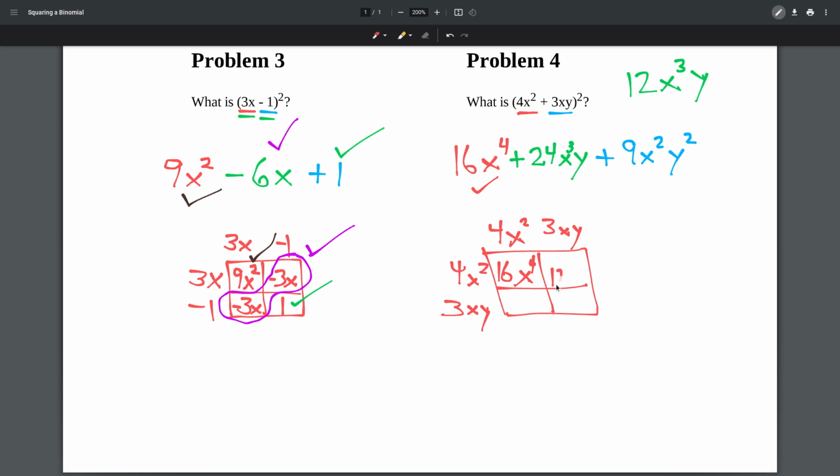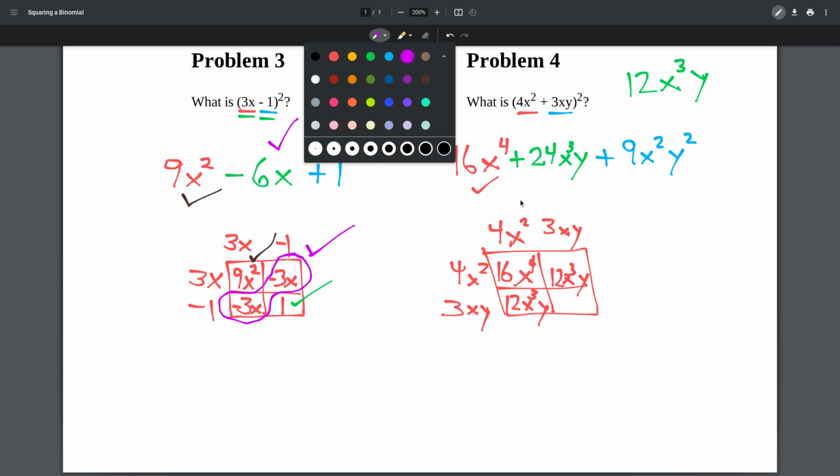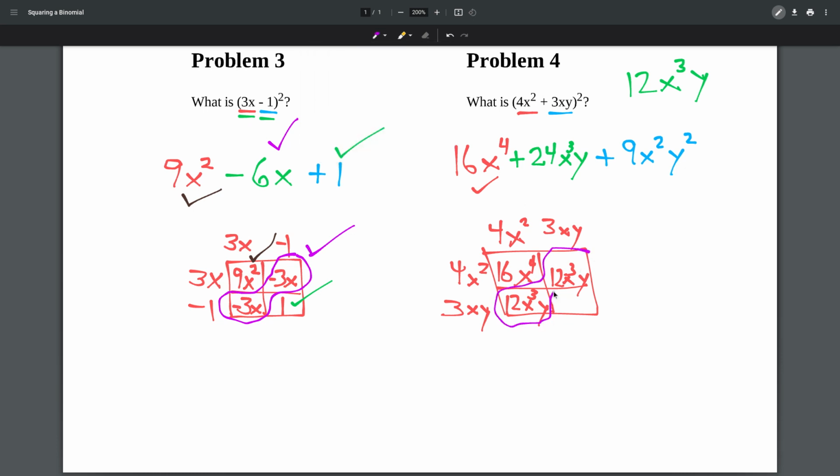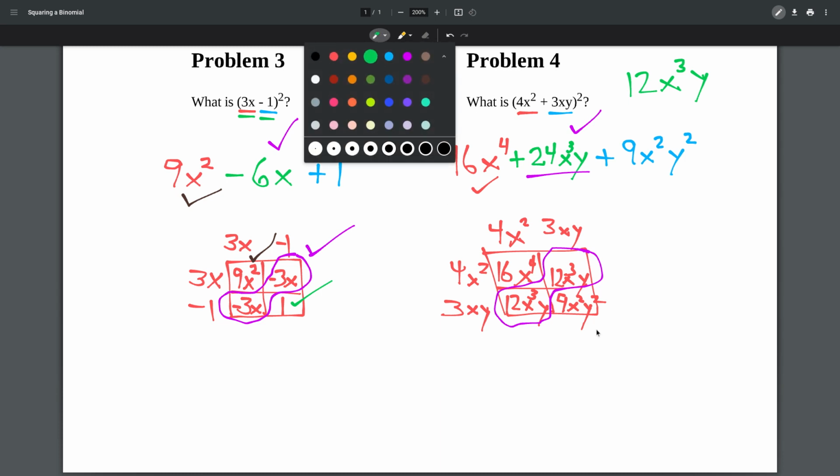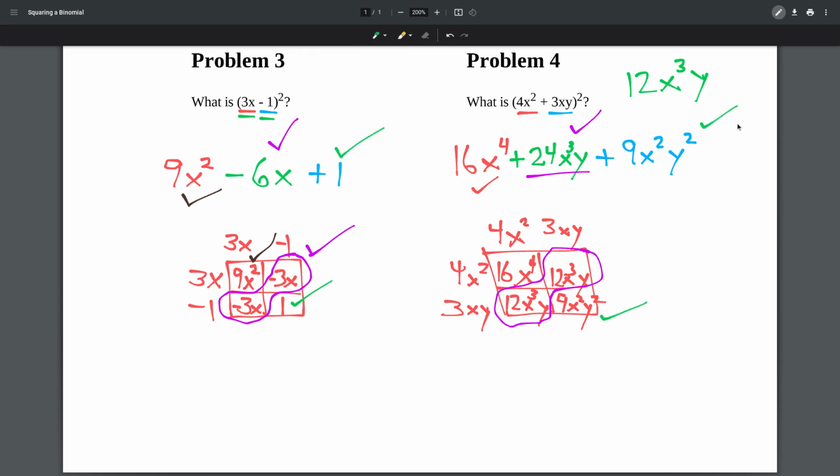That's 12x cubed y. 4x squared times 3xy is going to be 12x cubed y here. So we'll see that these terms add up to this, so that checks. And then we've got 3xy times 3xy, that's going to be 9x squared y squared. So that one checks here as well.